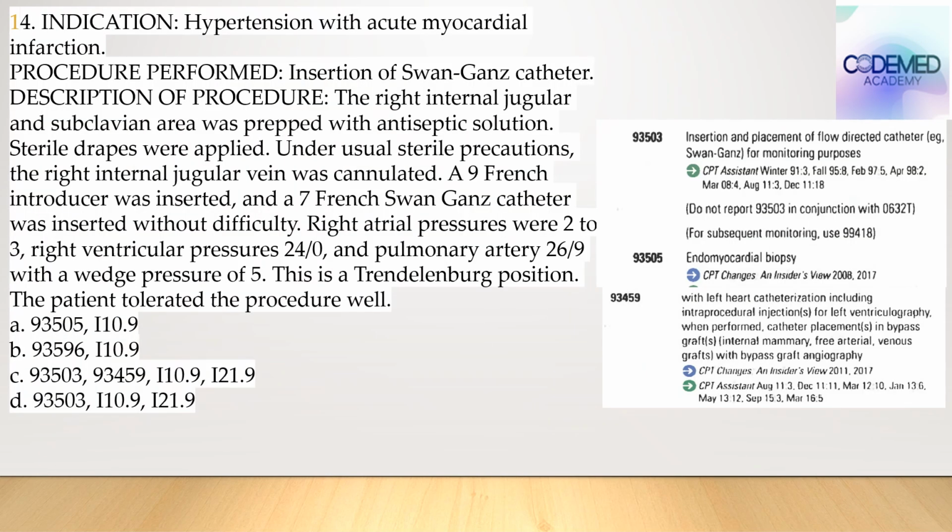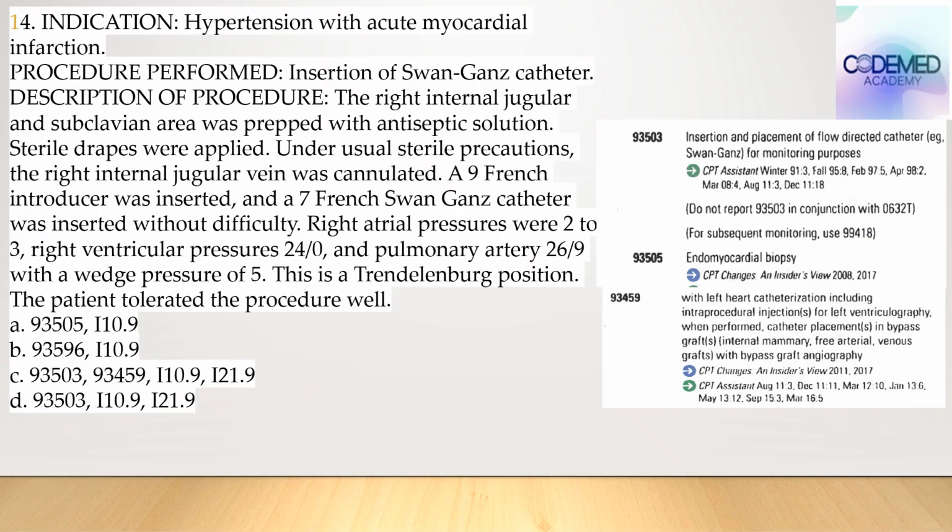Now let us look at the operative report. Indication is hypertension with acute myocardial infarction. Procedure is insertion of Swan-Ganz catheter. Description is the right internal jugular and subclavian area was prepped with antiseptic solution. Sterile drapes were applied. Under usual sterile precaution, the right internal jugular vein was cannulated.